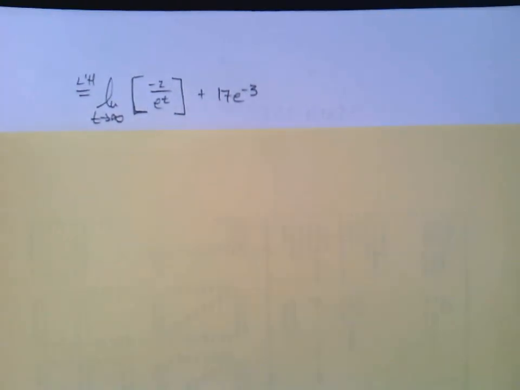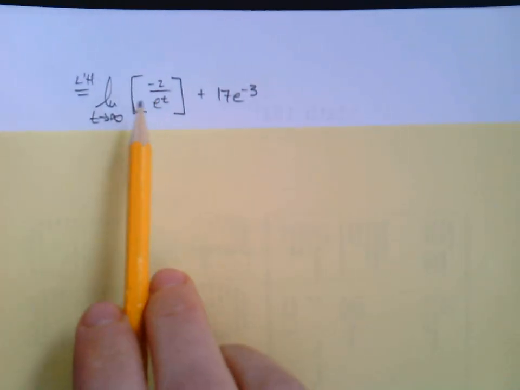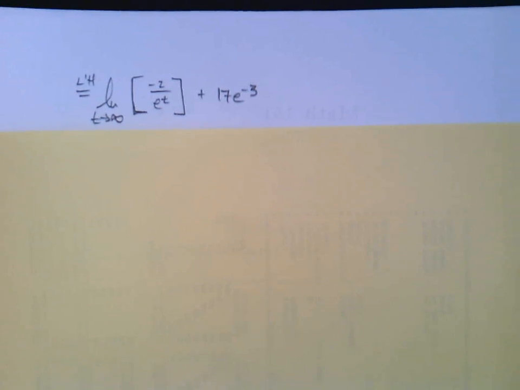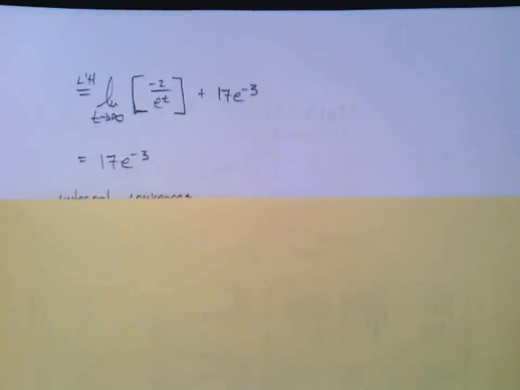And I've still got that plus 17 e to the negative 3. Now I can tell what's happening there. It's going to 0 as well. And so this whole thing simply goes to 17 e to the negative 3. This is my integral. I can tell that my integral converges.